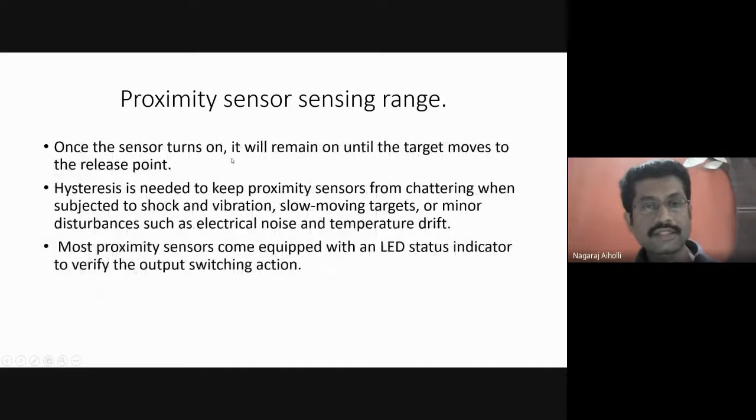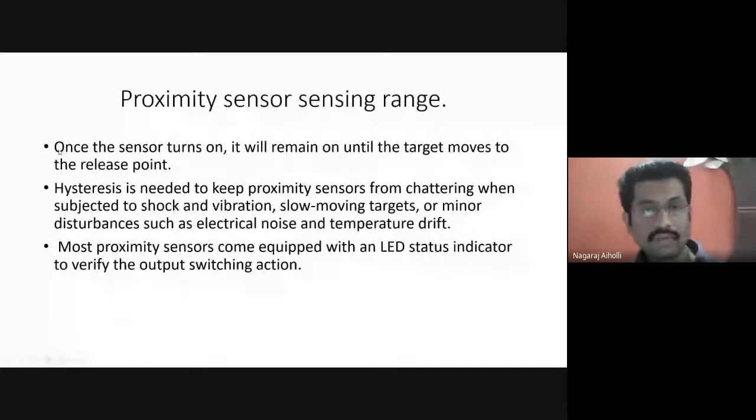Once the sensor turns on, it will remain on until the target moves to the release point. Once it moves to the release point, it is away from the hysteresis zone, and the proximity sensor will fail to detect the object.